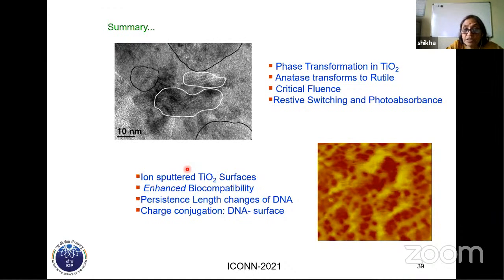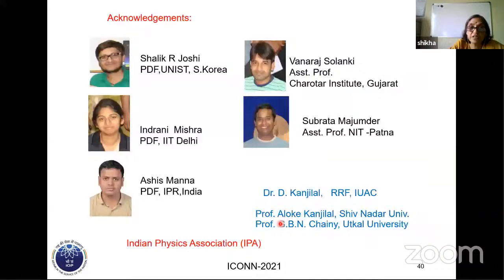And secondly, the vacancies have been created on the surface. And this leads to enhanced biocompatibility. I have not shown persistence length, but the diameter of the DNA changes, and we have also shown that the persistence length of the DNA also changes. And there is a charge transfer from the DNA to the surface.